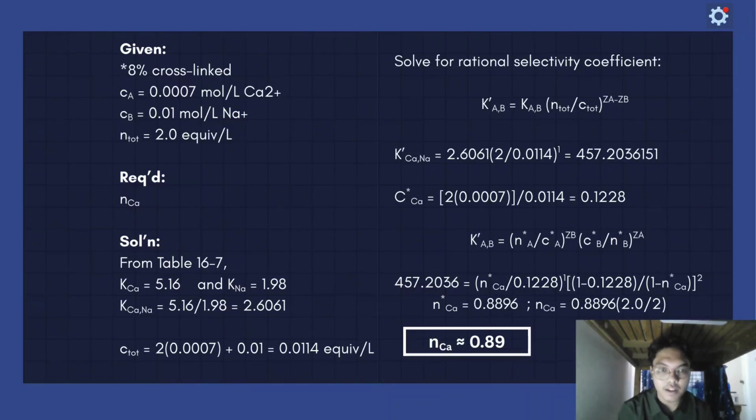We can also get the concentration of the calcium by getting the concentration times the valence all over its total concentration, which is equal to 0.1228. And lastly, there's another formula for the rational selectivity coefficient, which is the quotient of the moles of the first element over the concentration of that element raised to the valence of the second element, times the concentration of the second element over the moles of the second element raised to the valence of the first element.